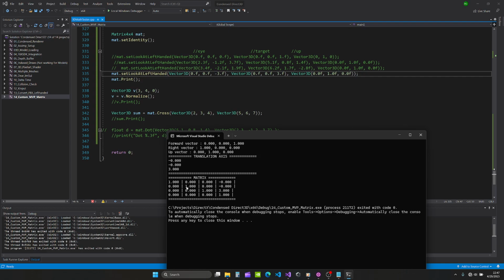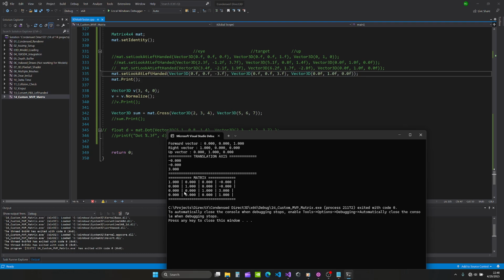Yeah, because the Y value in the middle is 1. Right here for forward, the 1 is to the right. So that is the right vector, because the X is 1, which makes sense because X at 1 is going to the right.